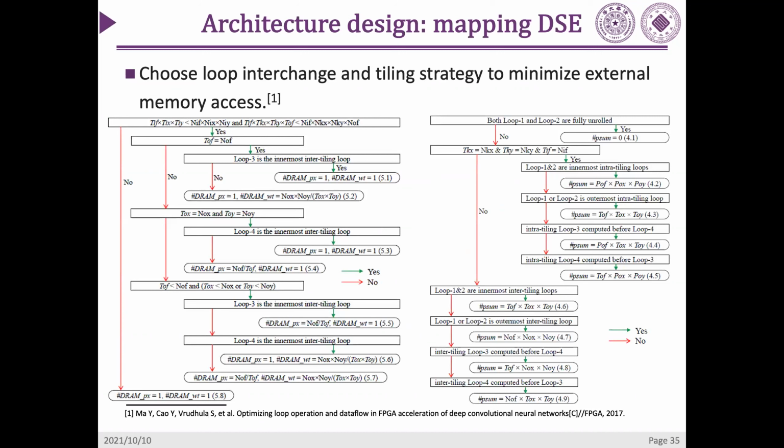And for loop interchange and tiling strategy, we optimize them to minimize the external memory access. One of the key papers is FPGA 2017. They choose the right loop interchange and tiling strategy using a very interesting method.